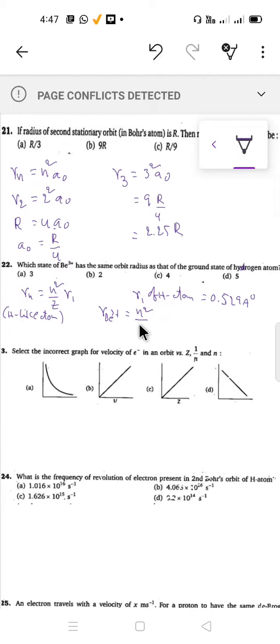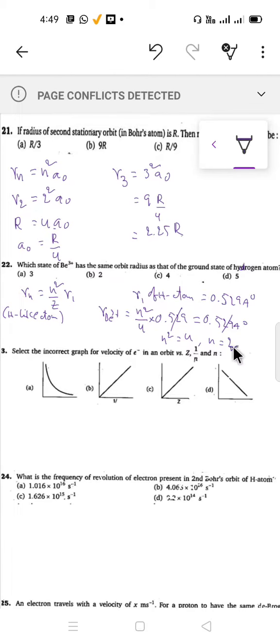For beryllium, the Z value is equal to 4, and R1 value is 0.529. They mentioned the state on which the orbit radius is the same as the ground state of the hydrogen atom, 0.529. Then these two cancel each other, n square is equal to 4, so n is equal to 2.